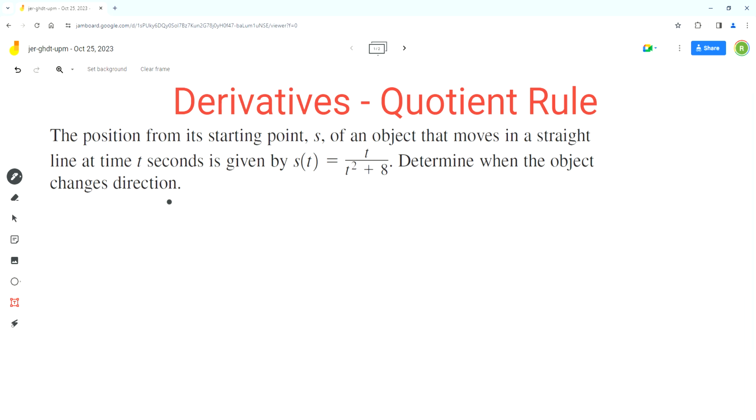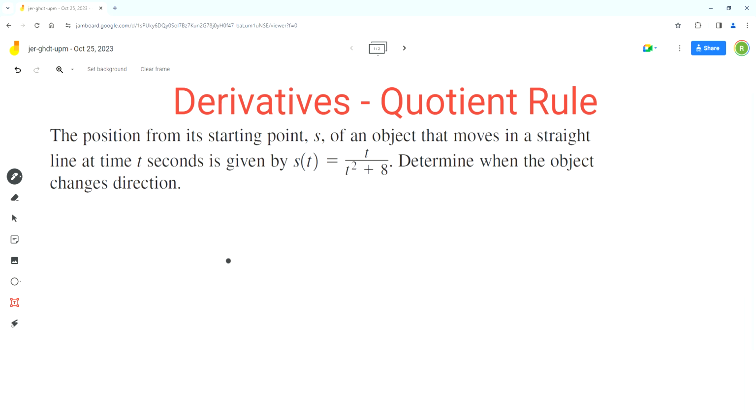So the first thing we need to understand is what it means for the object to change direction. It means that the sign of the velocity changes from negative to positive or positive to negative. In the first case, if the velocity is negative, then the object will come to a stop, so velocity will become 0 and then change to a positive value.